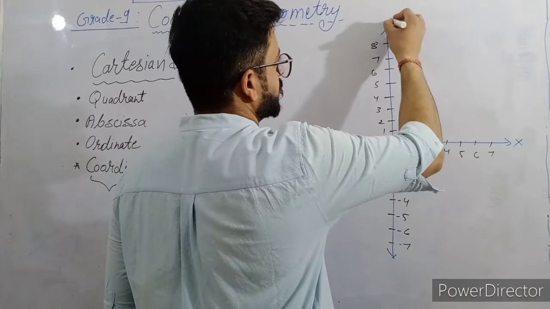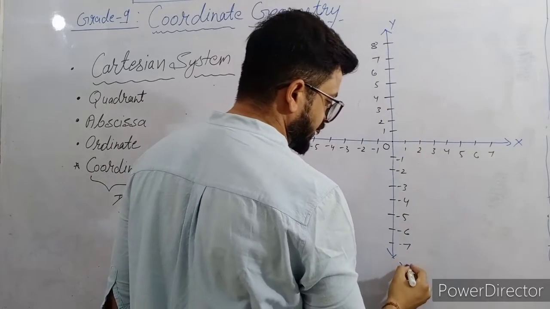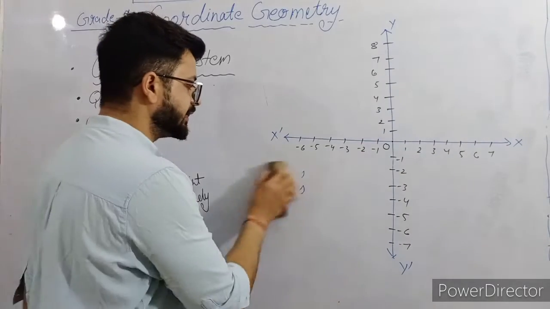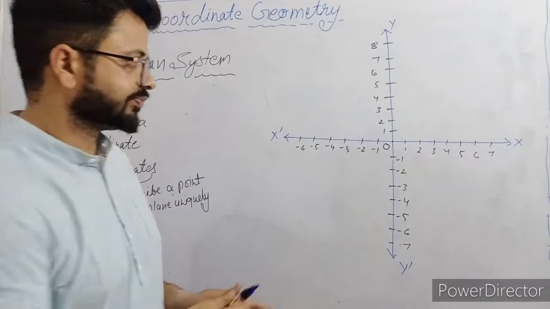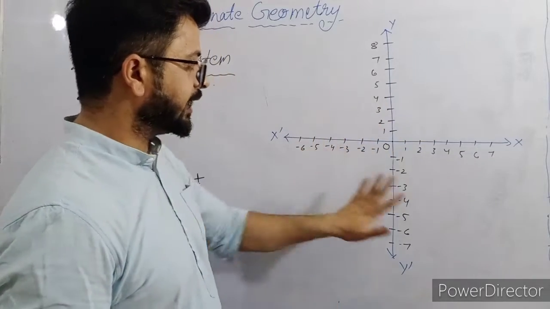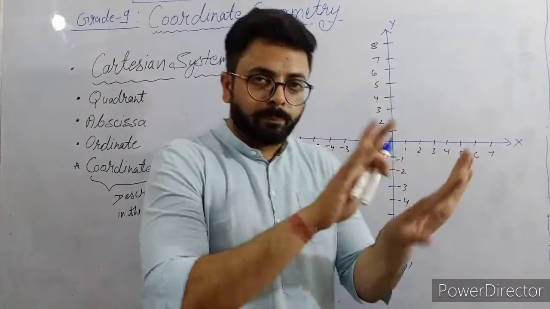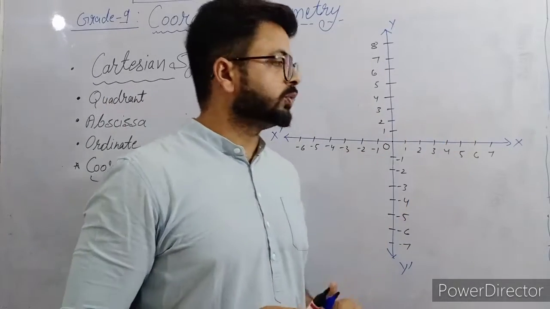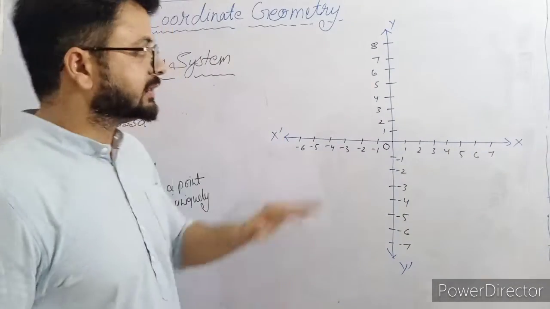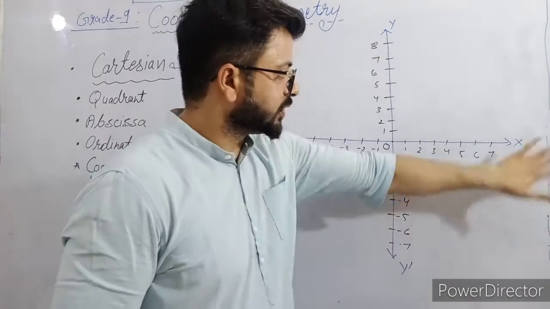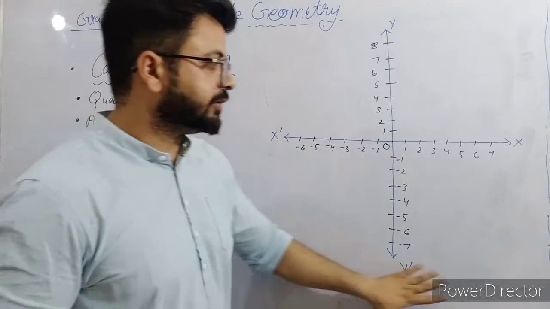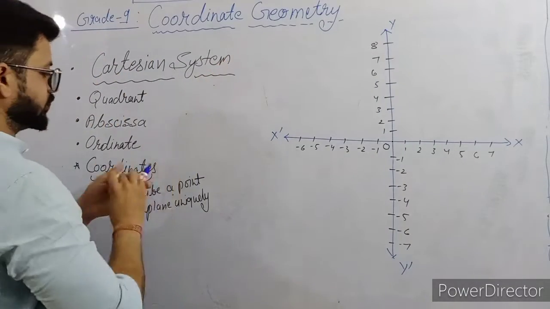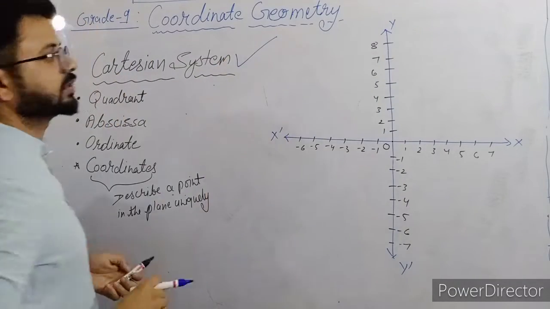This is y and y dash. Y dash means the negative direction. So we have divided the plane into 4 parts with the help of 2 axes. This complete plane we call the Cartesian plane. So our first part is the Cartesian system.